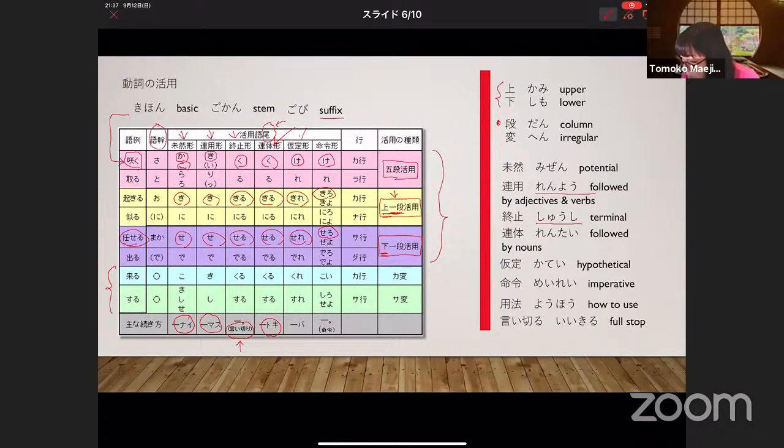What's the next one? Hypothetical, maybe. Kate. What do we conjugate with? Ba. Yes, exactly. And for verbs, we have this. What is this? Maybe it's imperative.